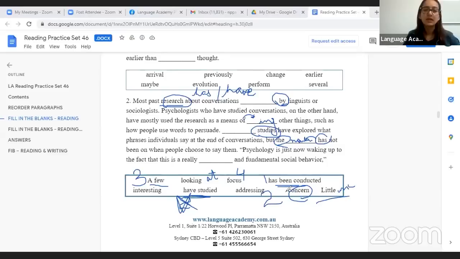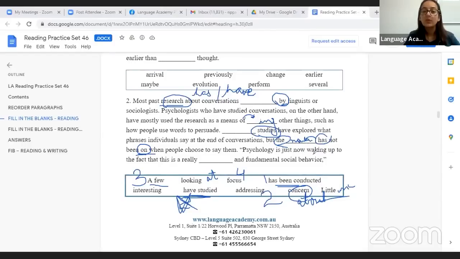We are not talking anything negative. So we'll go with focus. The focus has not been on when people choose to say them. Another hint that we have to go with focus was the preposition on. With concern, the preposition is about. We use the word concern about. We don't say concern on. So always check prepositions before you finalize your answers.